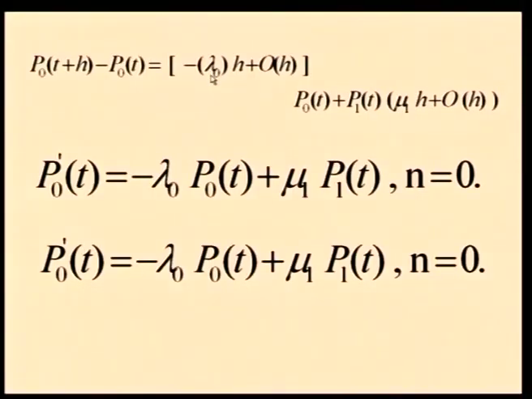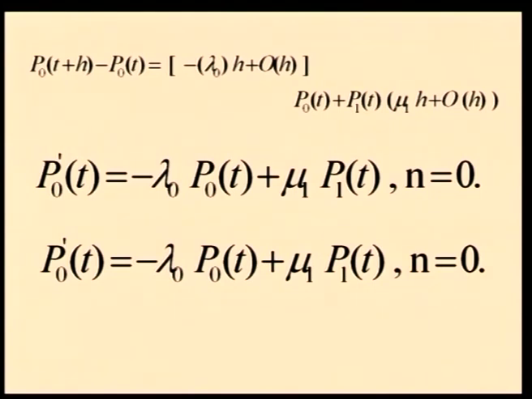How is this possible? We are considering two types of events, one is arrival, the other one is departure. Arrival increases the count, whereas departure decreases the count. So, at the outset we need to have no arrival and no departure in the time interval of length h units of time. So, we have P naught of t into 1 minus lambda here, but when there is no customer in the system, it is absurd to talk about no departure.